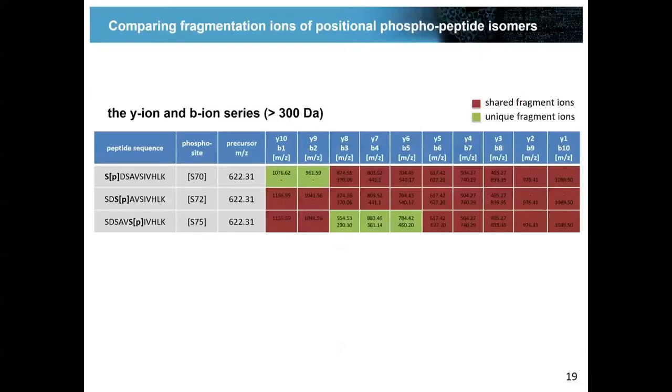And then I started looking into the Y and B ion series that are actually formed by these different isoforms. And what I realized is that these forms are sharing a lot of Y and B ions, okay? So all of them are, of course, sharing everything from the C-terminus up to the first serine residue, because it's always the same sequence, right?